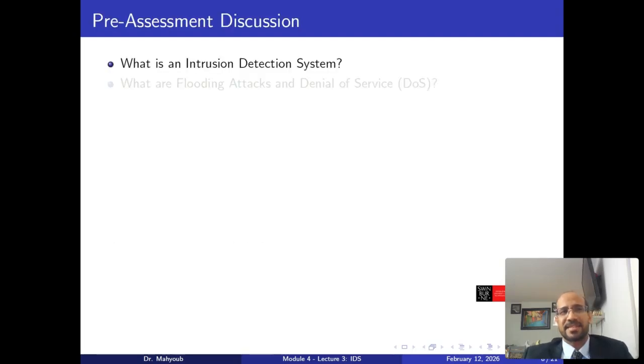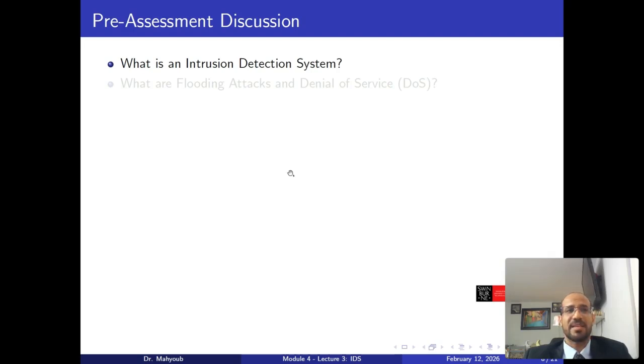Let's have this quick pre-assessment discussion, like a brainstorm. The first question, what is an intrusion detection system? Any answer? Can anyone answer the question? Oh, okay, go ahead. Yes, that's correct. So you can think of it as a monitoring system that watches for suspicious behavior.